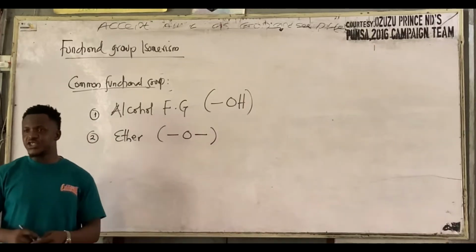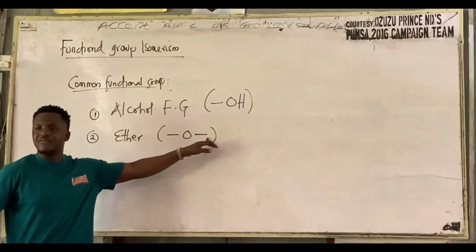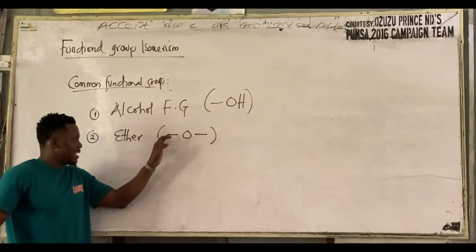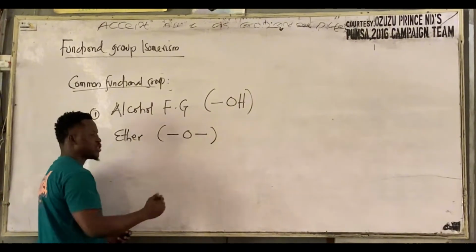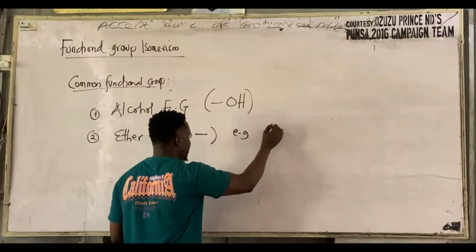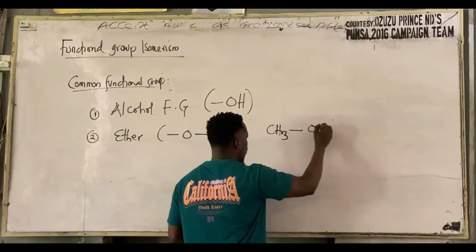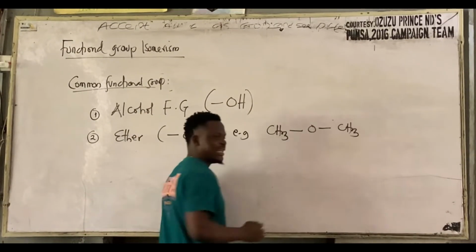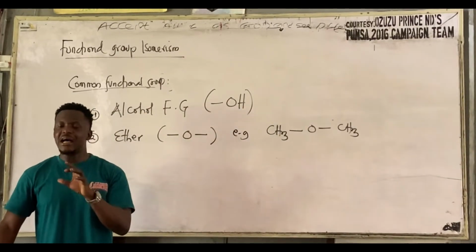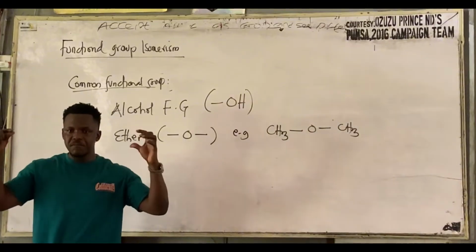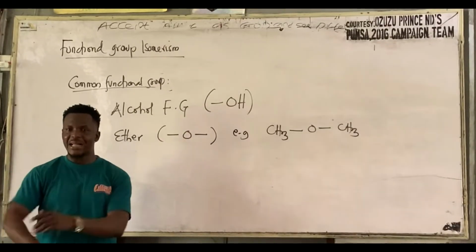Ether has oxygen bonded to two carbons. For example, CH3-O-CH3 is an ether. Please bear this at the back of your mind: ether is oxygen bonded on both sides by carbon.